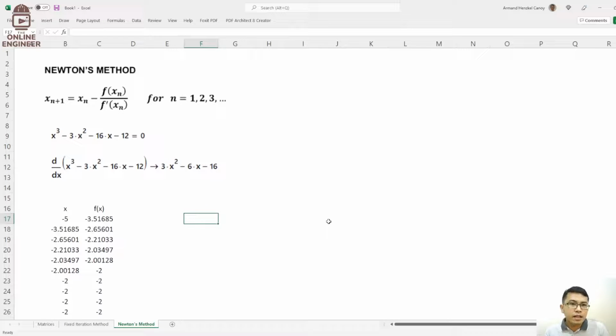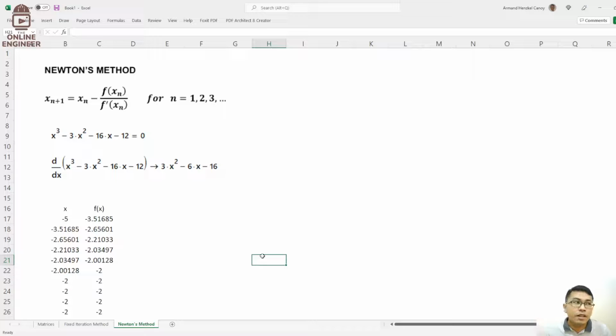Okay, in your study in college you may have learned other numerical analysis methods such as the secant method, regula falsi method, and the bisection method. But this is actually the easiest to apply, the least complicated way to solve for roots. It's called Newton's method.